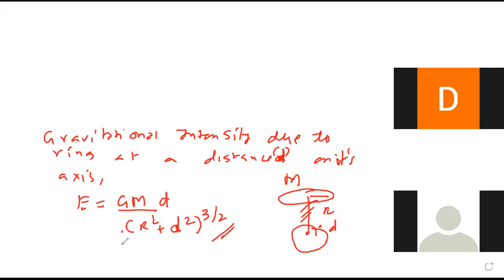Just write down: gravitational intensity due to ring on its axis is Gm in place of R square it is distance d upon R square plus d square raised to 3 by 2.